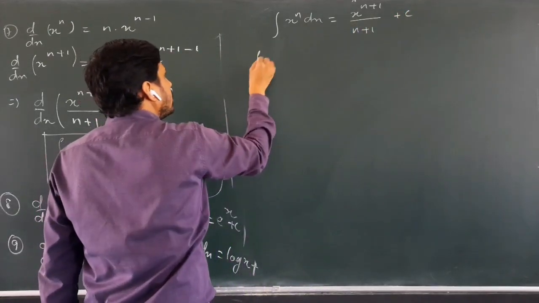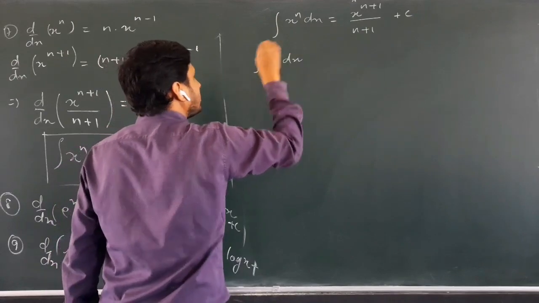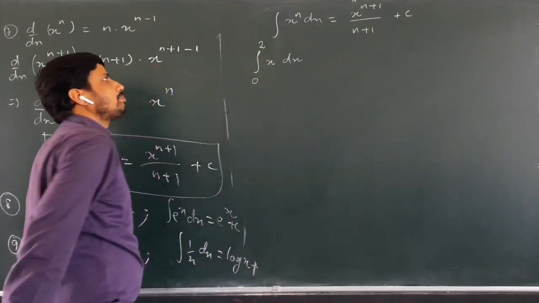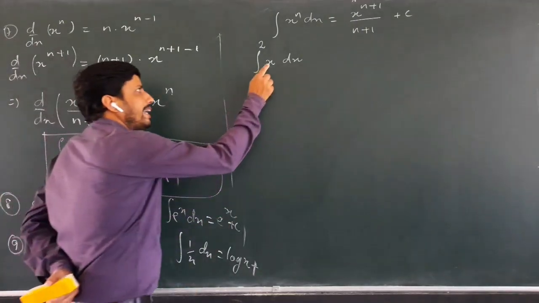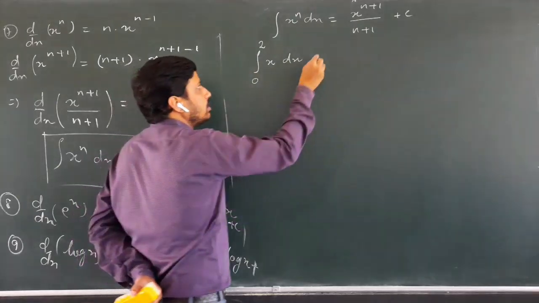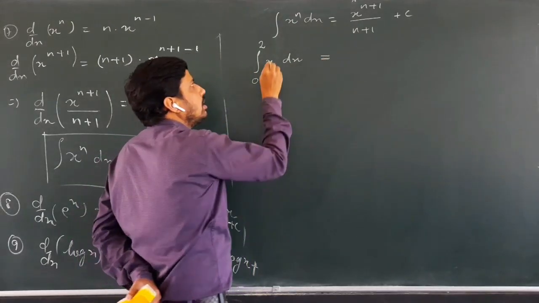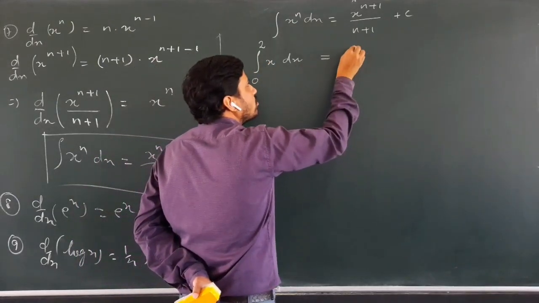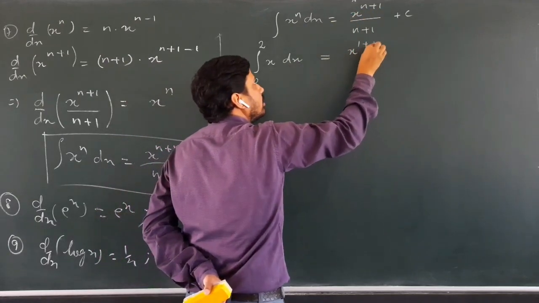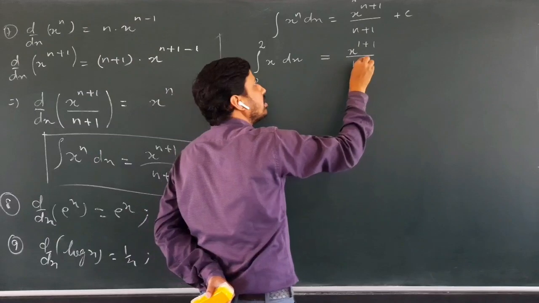Suppose I wish to find integration of x dx from 0 to 2. Now x, what is the power here? 1. So n is equal to 1. This will be how much? X to the power n plus 1, so here I'll write x to the power 1 plus 1 by 1 plus 1.